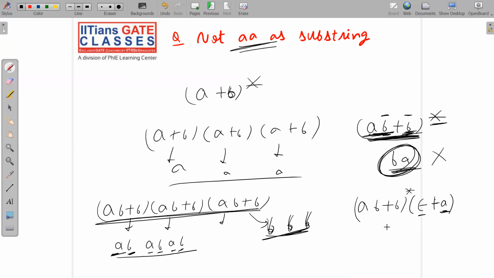So the BA string will be represented here. Take B here, from here take A: BA. If you think of any string which ends with A, you will have to pick A from here only. I hope I have made the point clear.